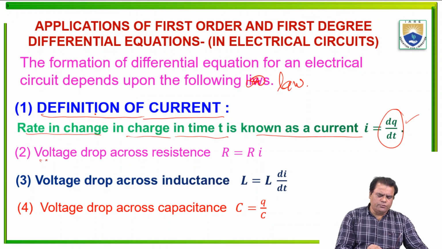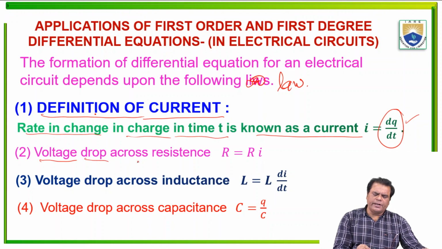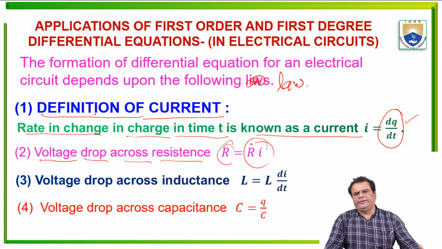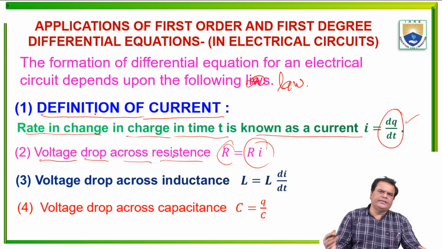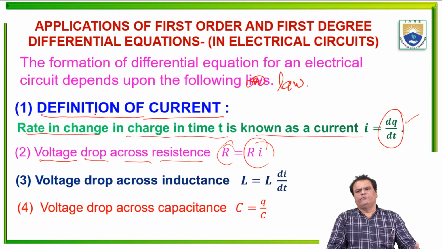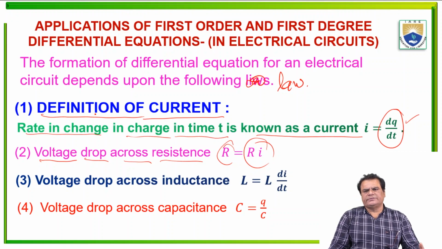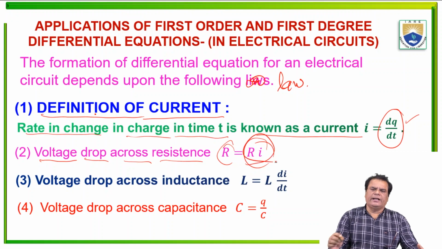Second point is voltage. The voltage drop across any resistance is R multiplied by I, that is, Ri.